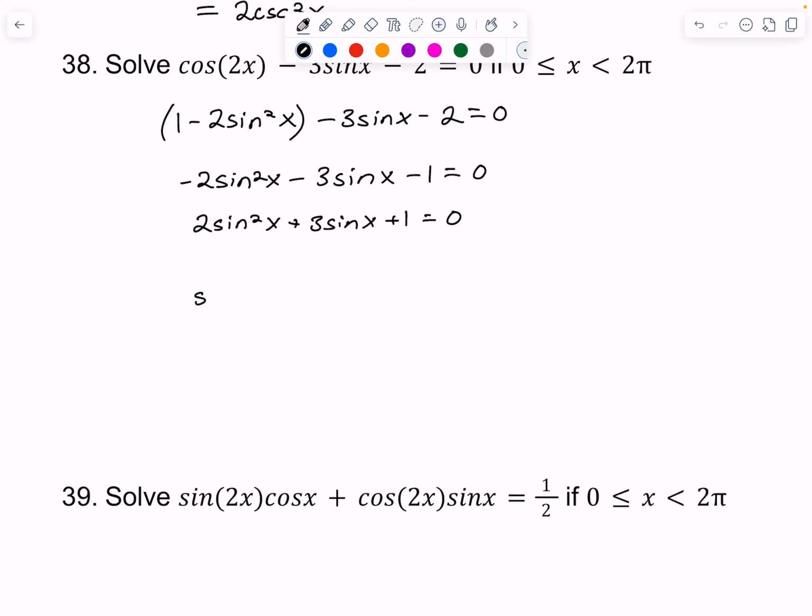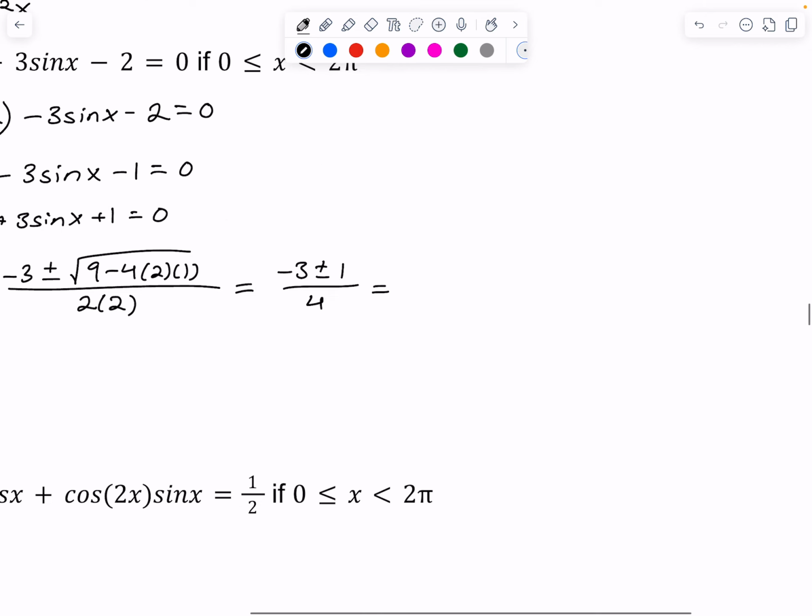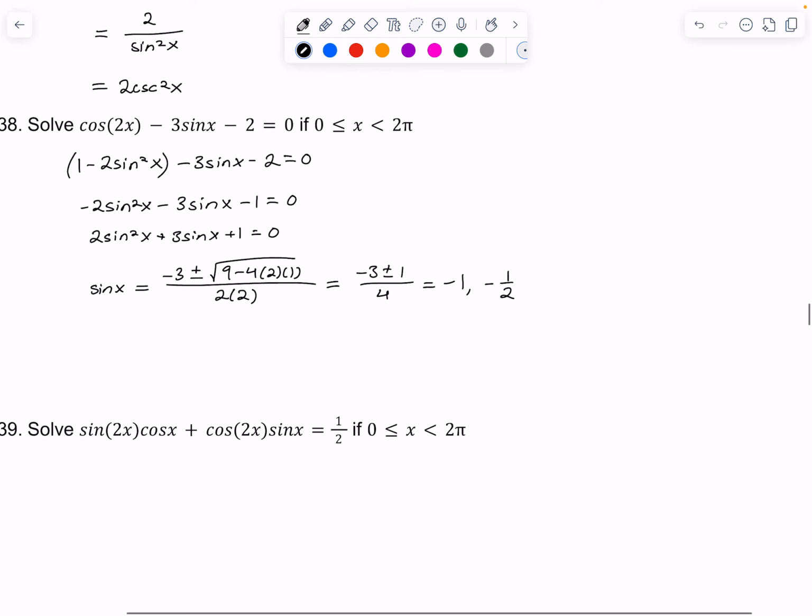But this from here looks like a quadratic, so I'm going to put that sine x is equal to negative b plus or minus the square root of b squared minus 4ac all over 2a. And let's see, that'll simplify to be negative 3 plus or minus 1 over 4. Negative 3 minus 1 over 4 is negative 4 over 4. That's negative 1. Negative 3 plus 1 is negative 2, divided by 4 is negative a half.